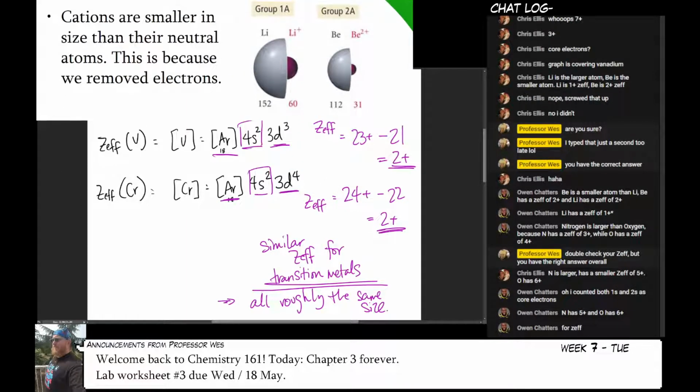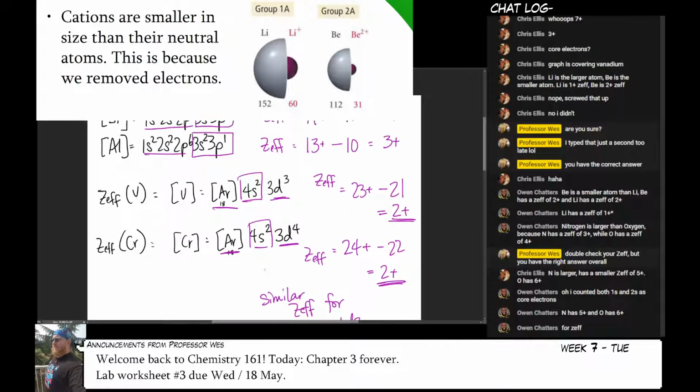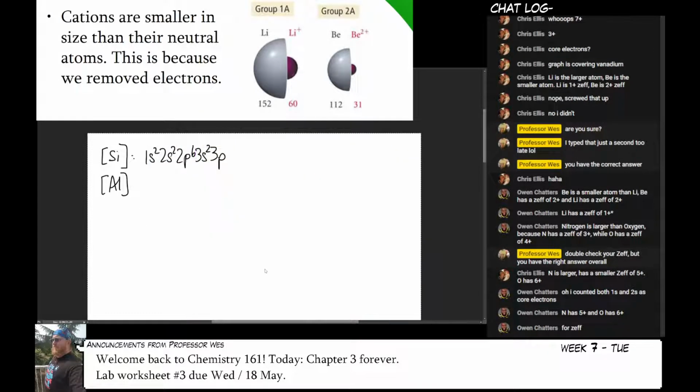So I just want to look at lithium for now. So let me get rid of all this. Oops. I didn't realize there was another layer. There we go. Okay. So we can write out that electron configuration, no problem.